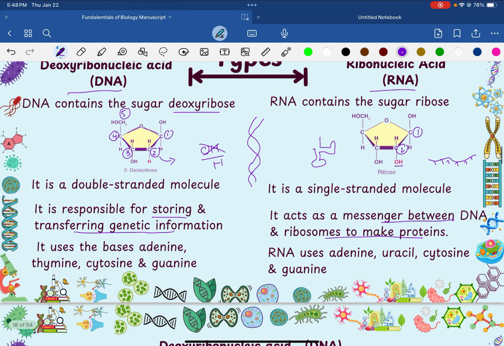DNA uses bases adenine, thymine, cytosine and guanine in its structure, while RNA uses adenine, uracil, cytosine and guanine. So here you can see that in DNA we have thymine, while in RNA we have uracil.